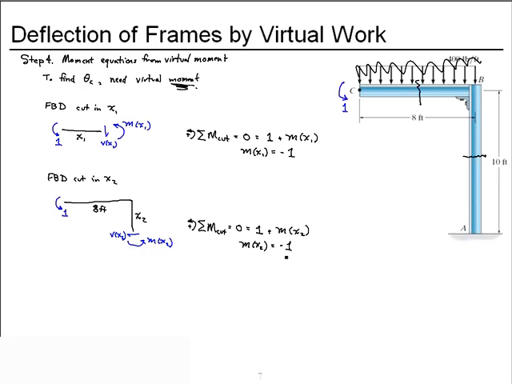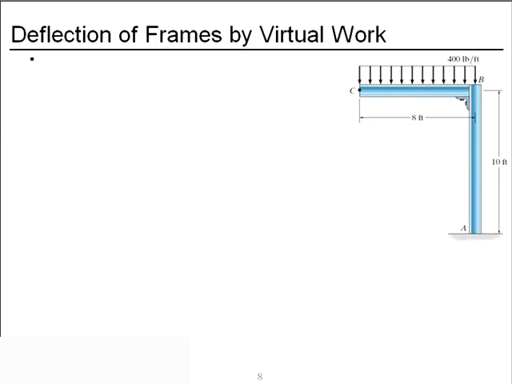And once again, my virtual moment is a constant, -1. Now we're ready to predict displacement and slope.